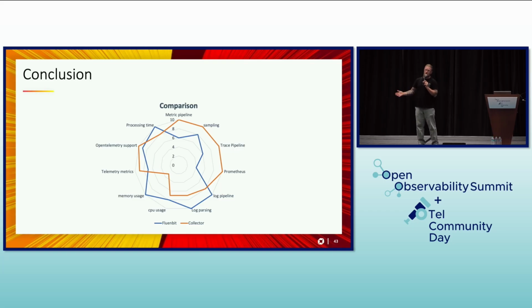When you start to introduce metrics, go for the collector. If you have to start with traces, I think Fluent Bit is going in that direction, but as of now, I would say use the collector. It doesn't make sense to maintain 2 agents, because it's 2 different formats, 2 different skills. So if you start using the collector, stay with the collector. And if you're just dealing with logs, then use Fluent Bit, obviously.